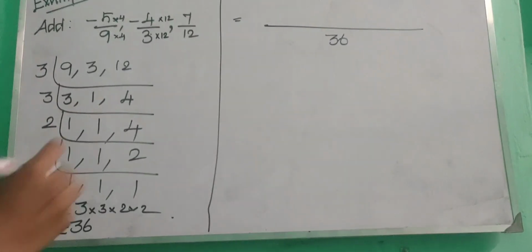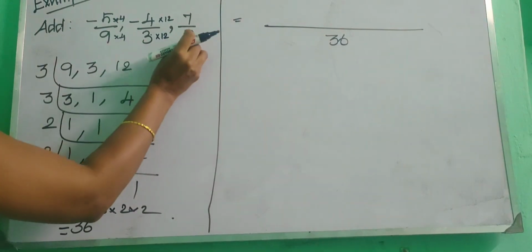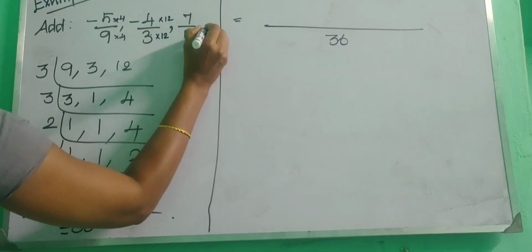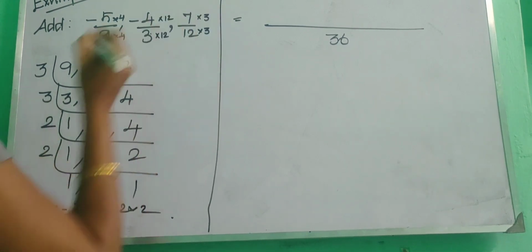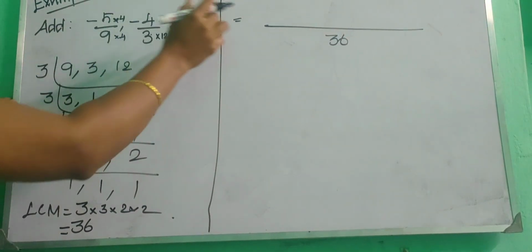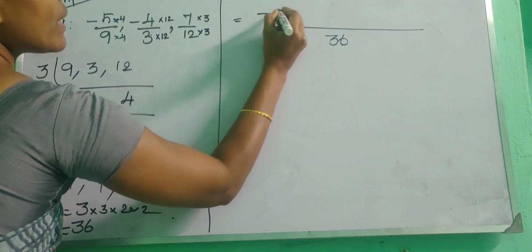Okay children, and then the next term we have, 7 upon 12. What will be multiplied with this 12 to get 36? We need to multiply by 3, right? So we need to multiply by 3 in the numerator as well as in the denominator. Okay children, so what rational number are we getting? Minus 5 into 4. 5 4s are 20, right?